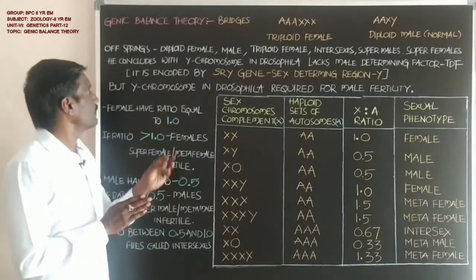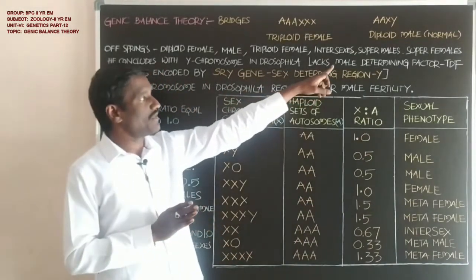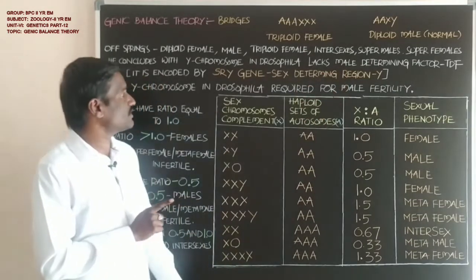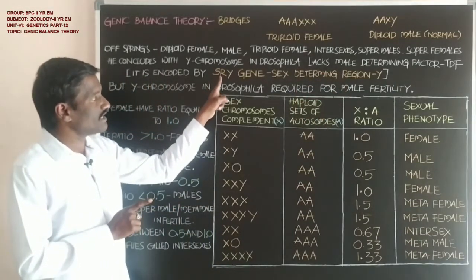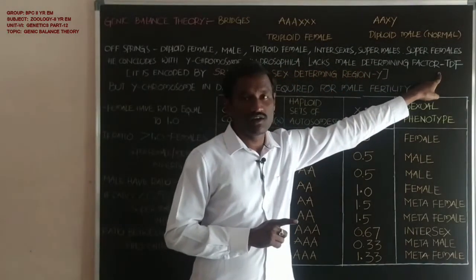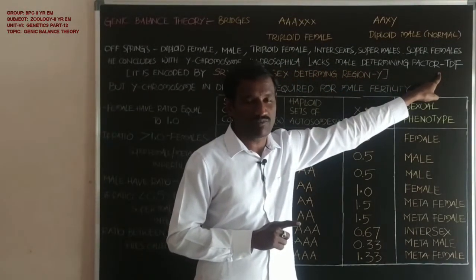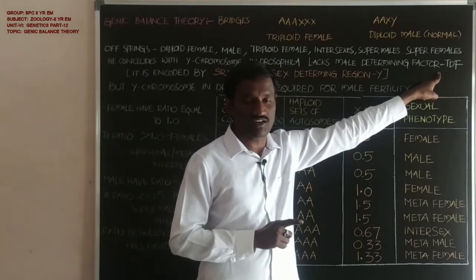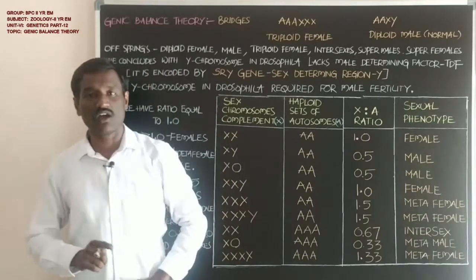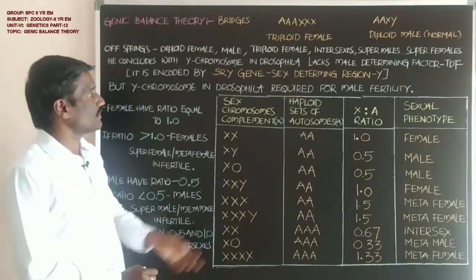Okay, students, it is a TDF, the male determining factor. It is encoded by a gene called the SRY gene. The SRY gene encodes the testis determining factor, the male determining factor, that causes the offspring to develop into the male sex.